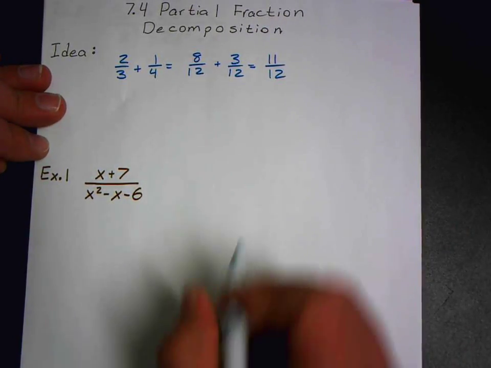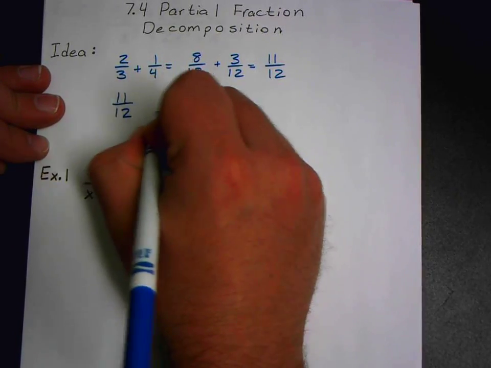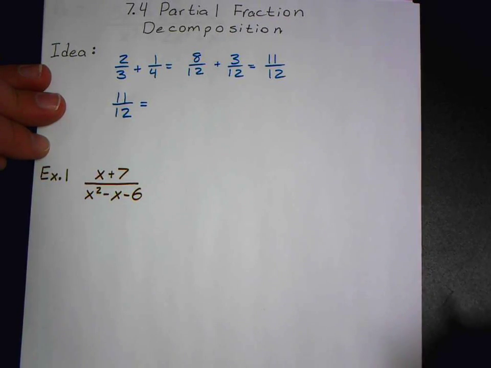What partial fraction decomposition does is we start with 11/12, and we want to know what two fractions were used to add together to get the 11/12 in the first place. So that's what partial fraction decomposition does.